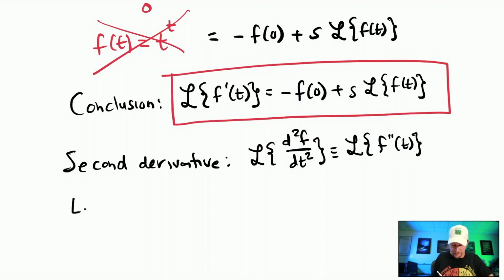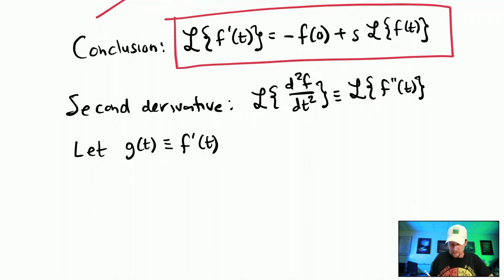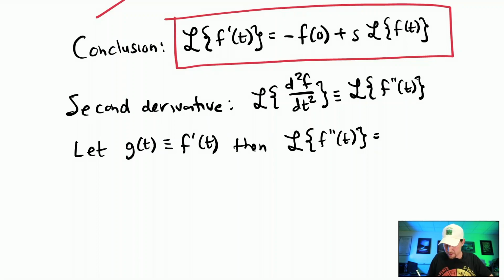So suppose that we let a new function be g of t, and say that that is the first derivative of f. Then, one of the things that we could definitely say is that the Laplace transform of the second derivative would be the Laplace transform of the first derivative of g, right?